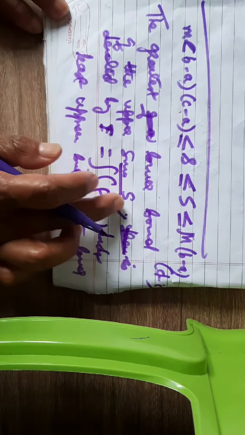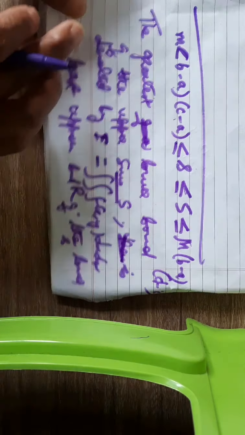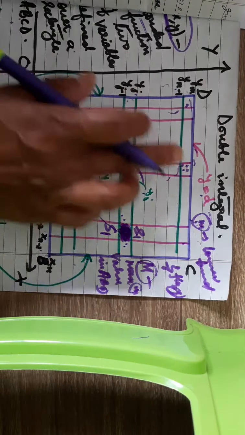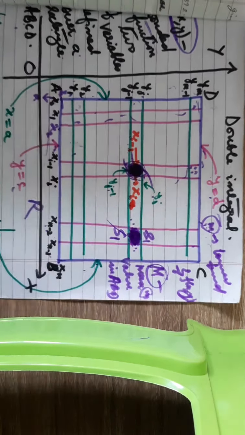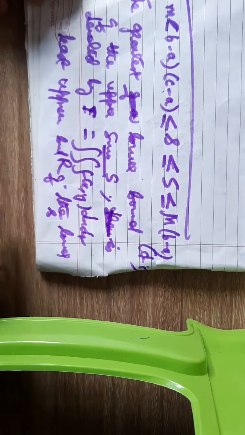Because we'll have many capital S and many small s, since there are so many subrectangles in this original rectangle ABCD.